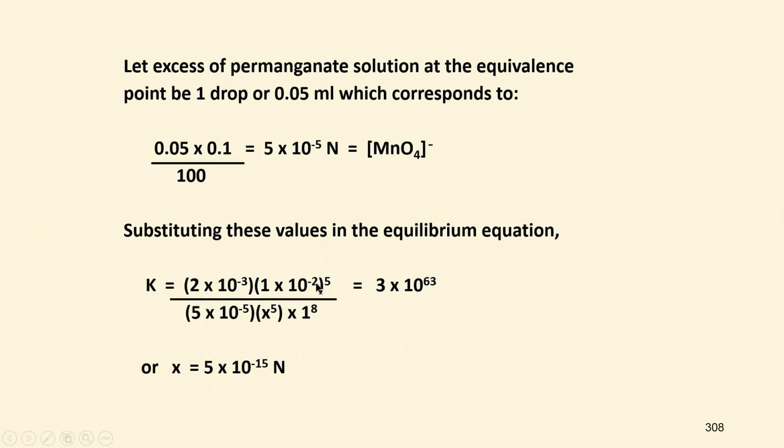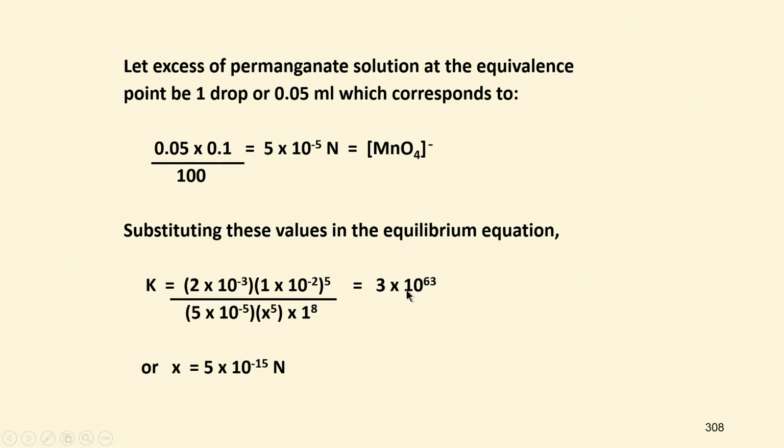So, this is ferric, and K, this would be manganese, this would be X raised to 5, because ferrous we do not know yet, into 1 raised to 8, since the reaction is being carried out at pH 1. So, how much do I get?